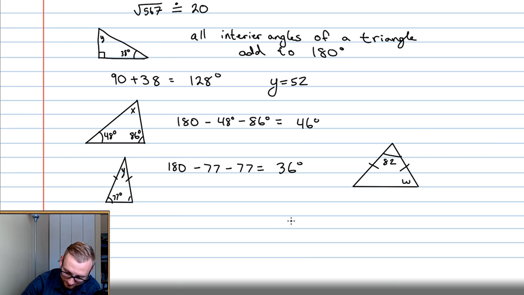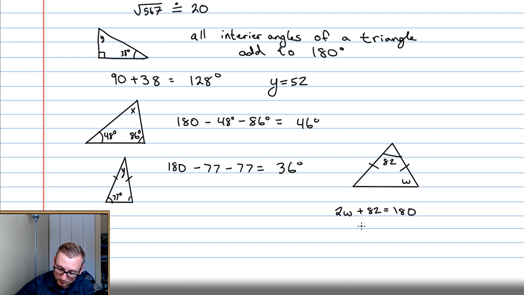This one, there's two W's, so since we need to explain this to her, how are we going to explain it to her? 2W plus 82 equals 180.